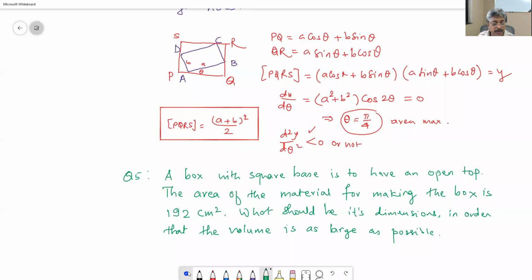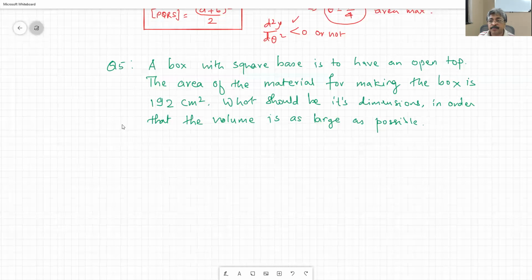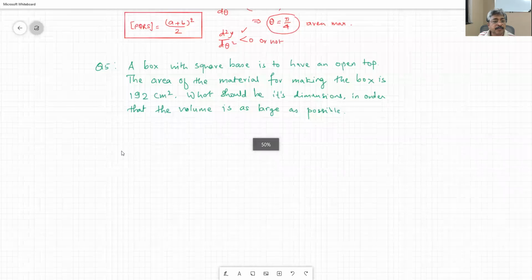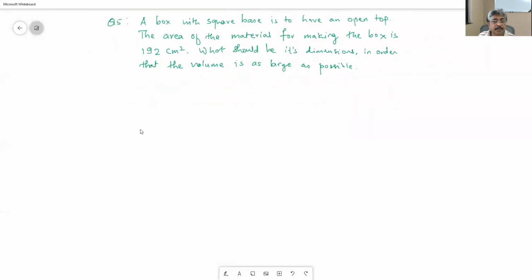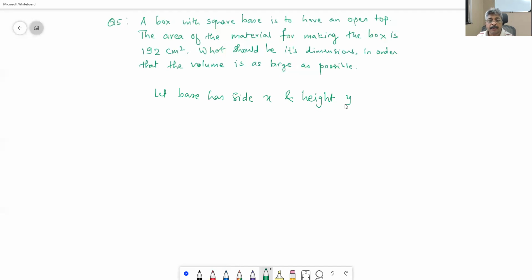Okay, let us finish this. Let the base have side x and height y.